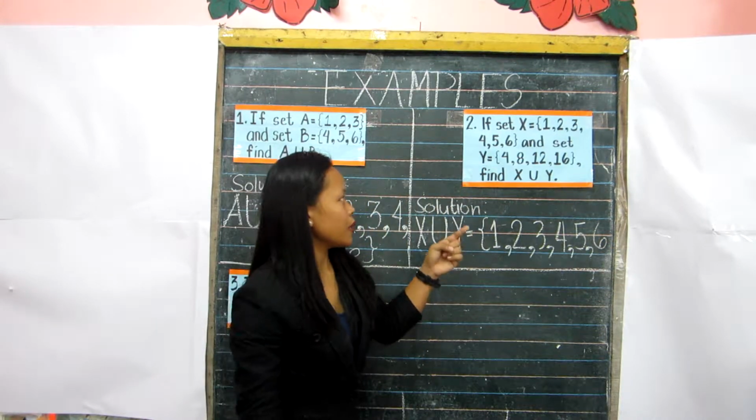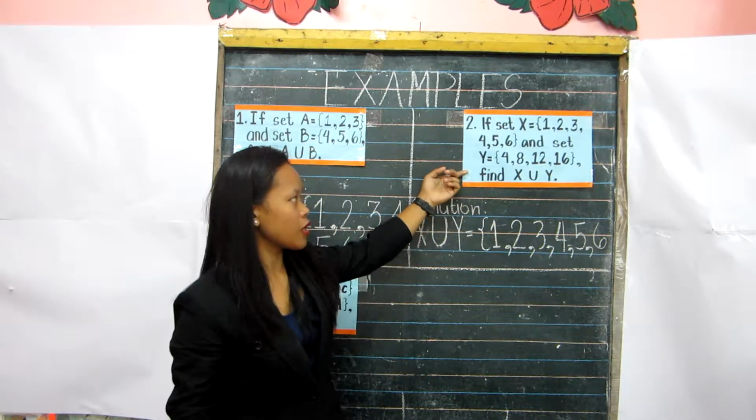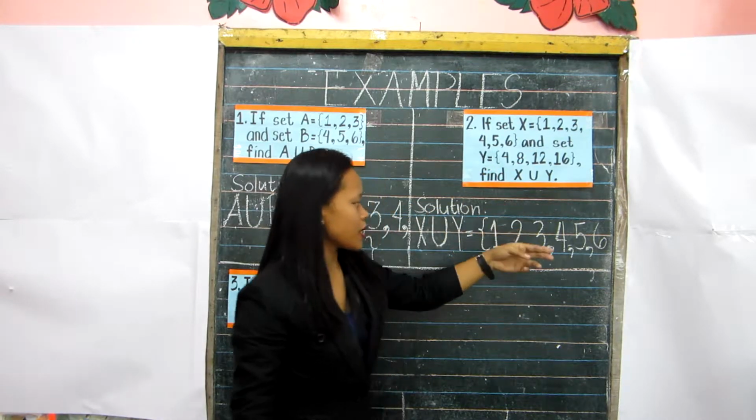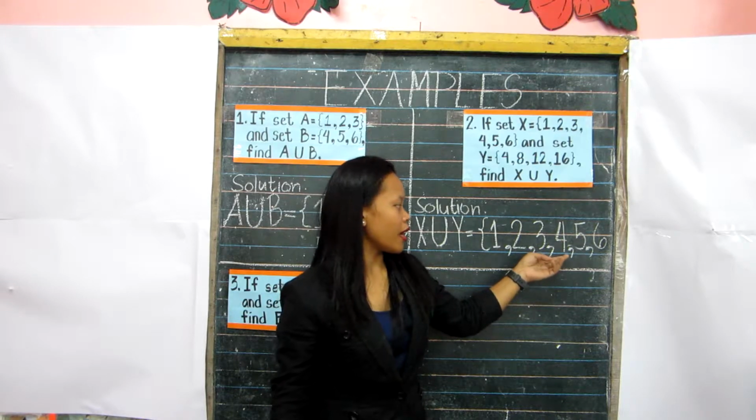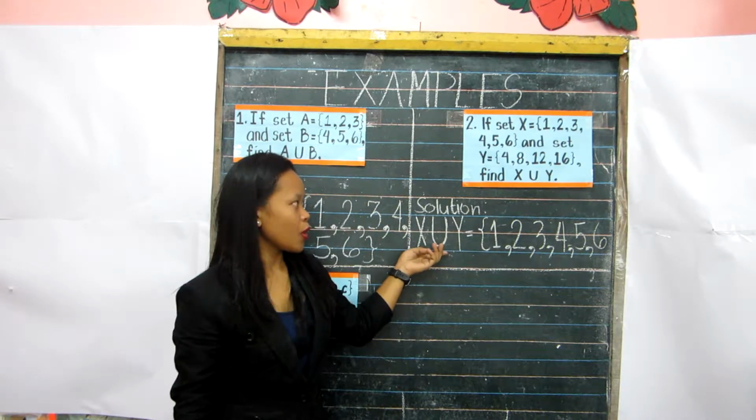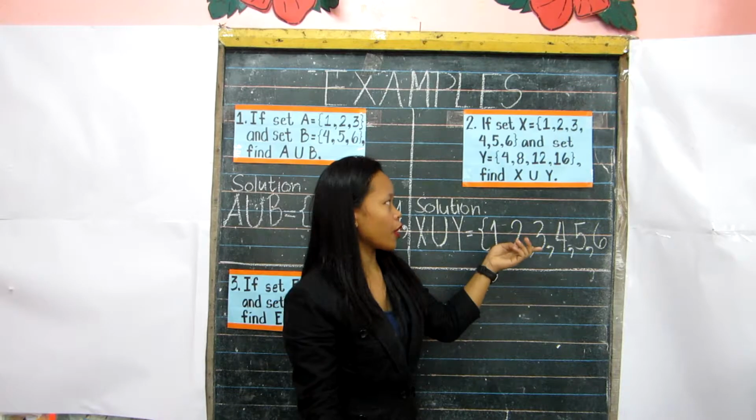Next, we list the elements of set Y, which is 4. Since we already have 4 in our new set, no need to write 4 twice.